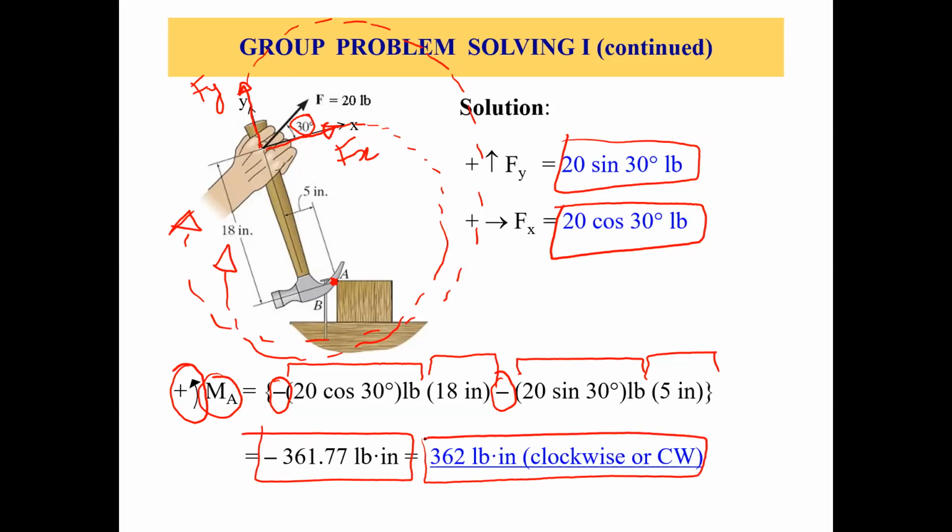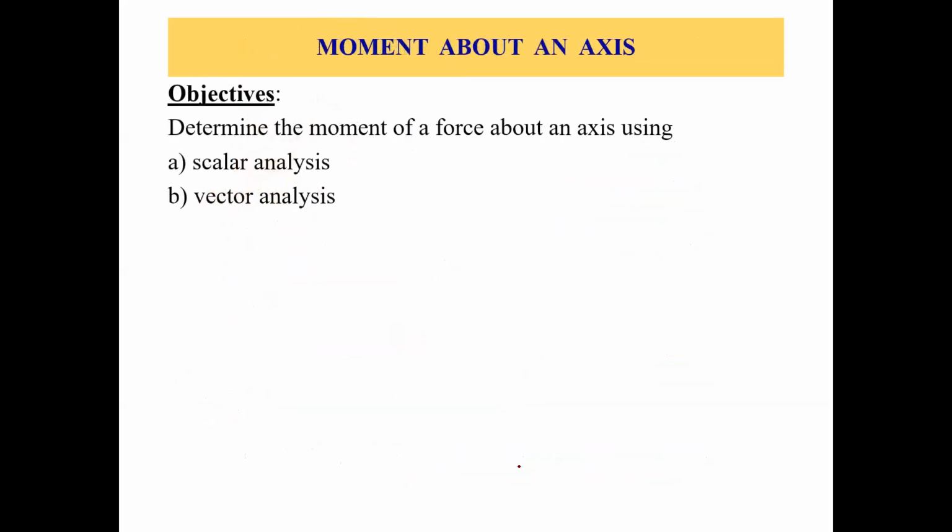So either we use the negative sign or we write clockwise. We cannot write both. We cannot say negative 361 pound-inches clockwise. That is not correct. Okay, so we are done with this.